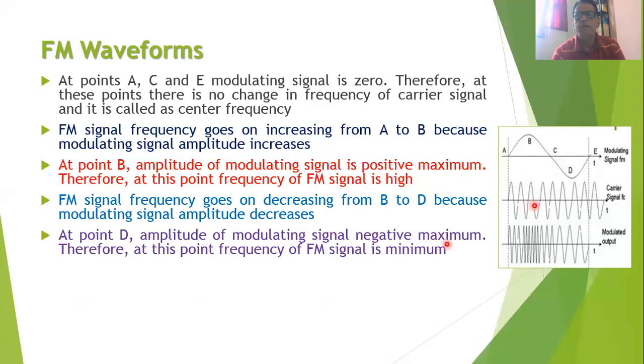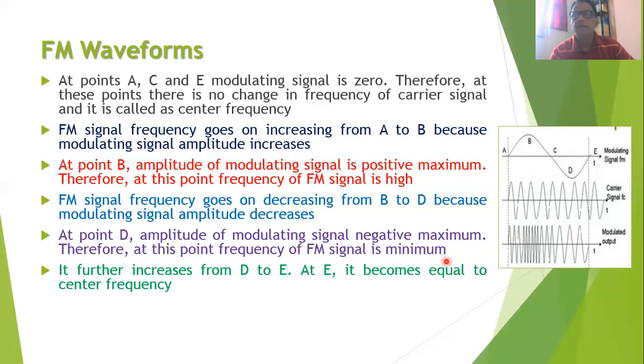At point D, the amplitude of the modulating signal is maximum negative. And therefore, at this point, the frequency of the FM signal is minimum. So a large compression is observed at point B, while there is a large separation between the cycles of the FM signal at point D.